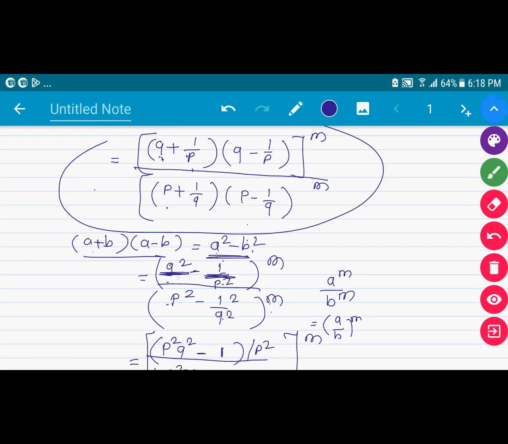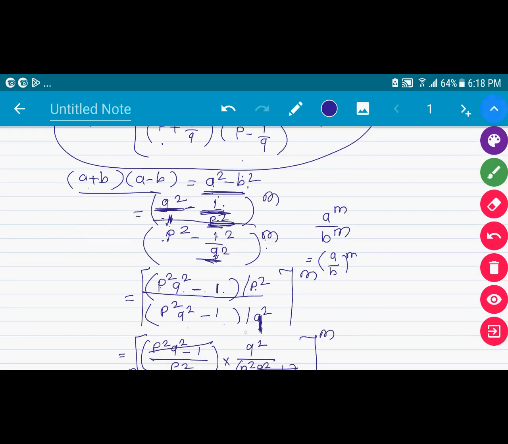So here we have to make the denominator common. Q square's denominator is 1, but minus 1 upon p square is there. So we multiply here in the numerator with p square. So it becomes p square q square minus 1 divided by this p square. Okay, and p square q square minus 1 divided by this q square.